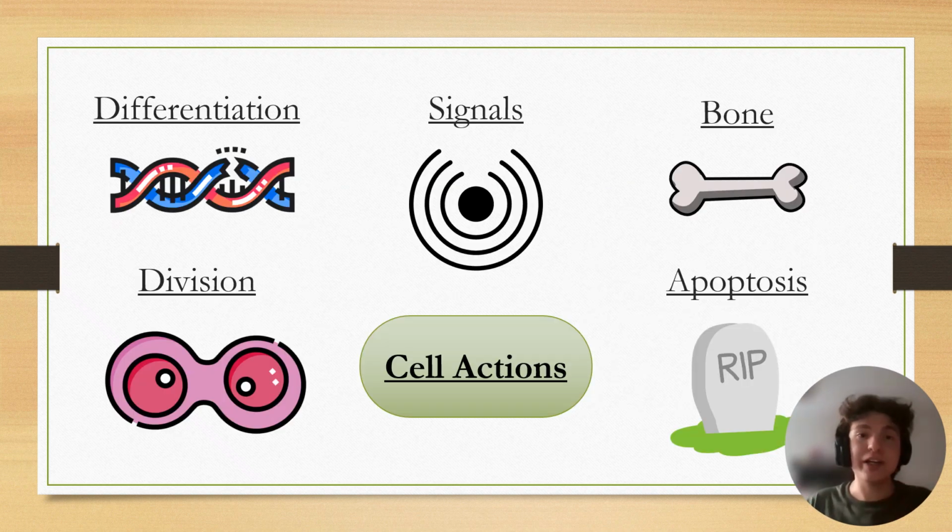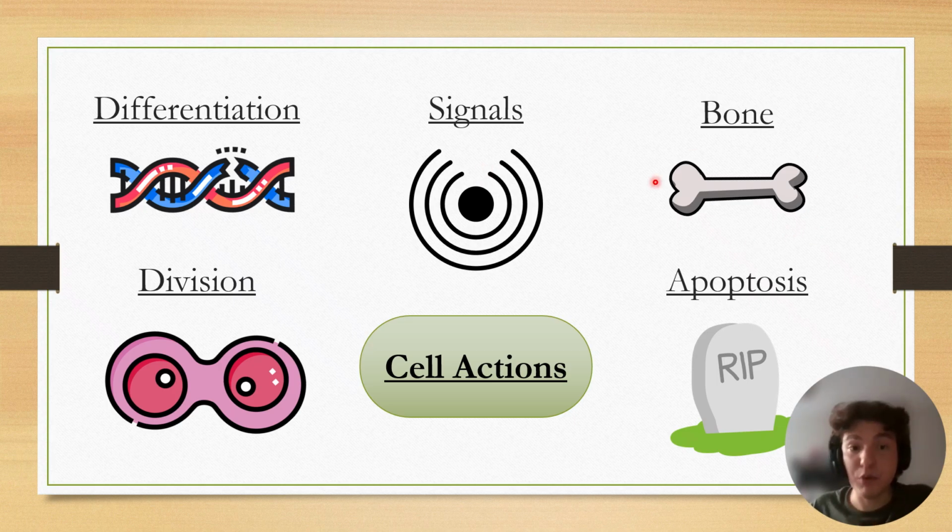In our model, we incorporated the following actions for the cells. We have division, which is basically cells creating a copy of themselves in an adjacent position. We have differentiation, so cells mutate or activate into different types of cells. We have signal production. Cells are constantly producing a type of chemical signal, and some cells can actually choose to change the signal which they produce.